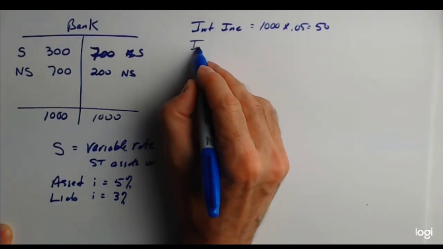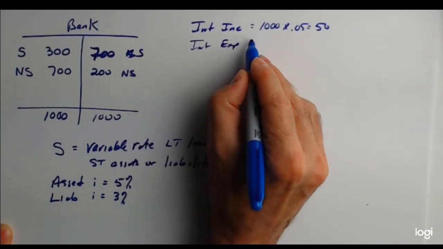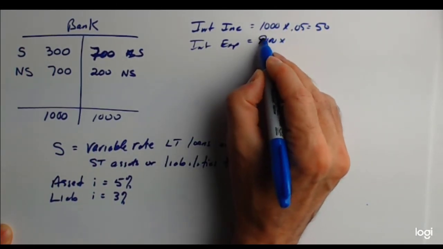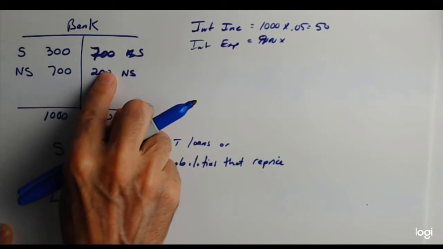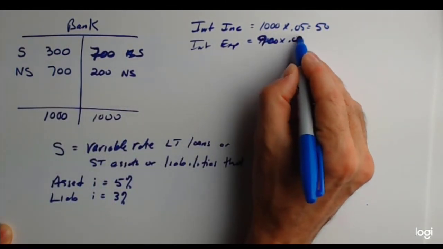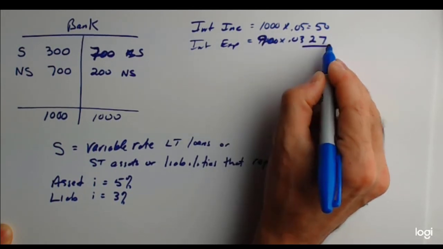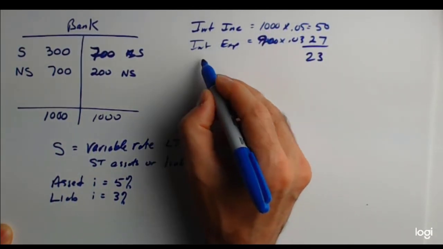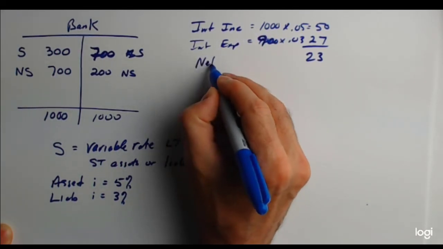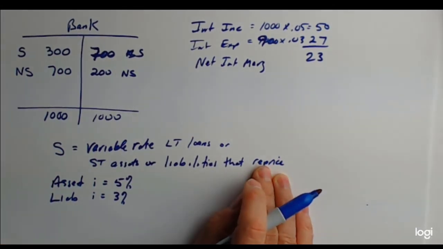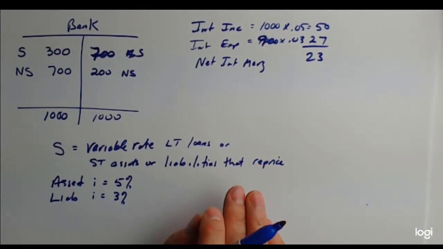We'll have interest expense equal to 900 times 0.03, that's 27. So remember that spread, the interest rate spread or net interest margin, is 23 to start off with at this point.